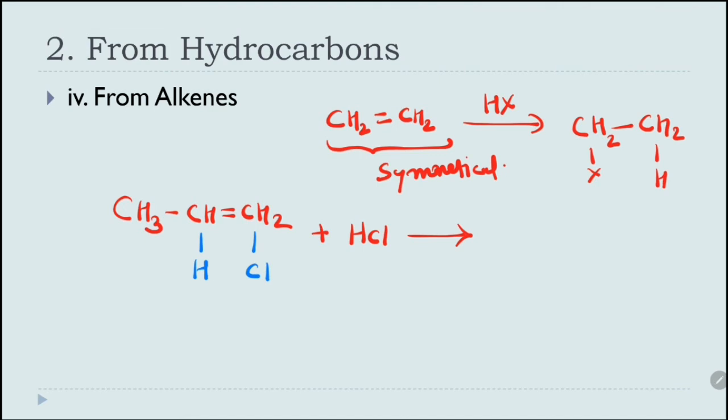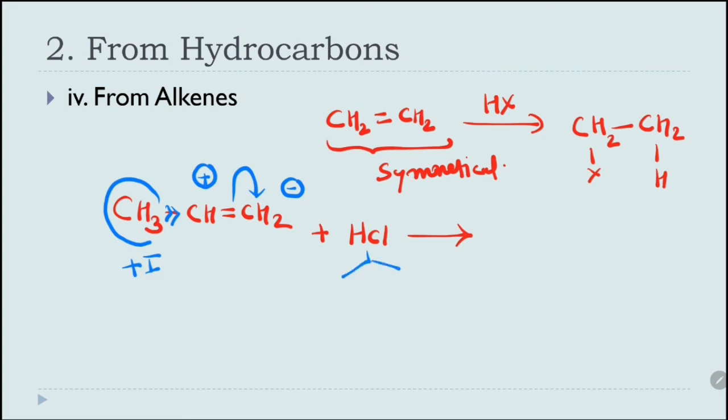To identify the correct product, we have to check the electronic effects. Here this methyl has a plus I effect, and this plus I effect will push the pi bond electrons towards the terminal. So the negative charge will be generated at the terminal carbon and positive charge at the middle carbon.